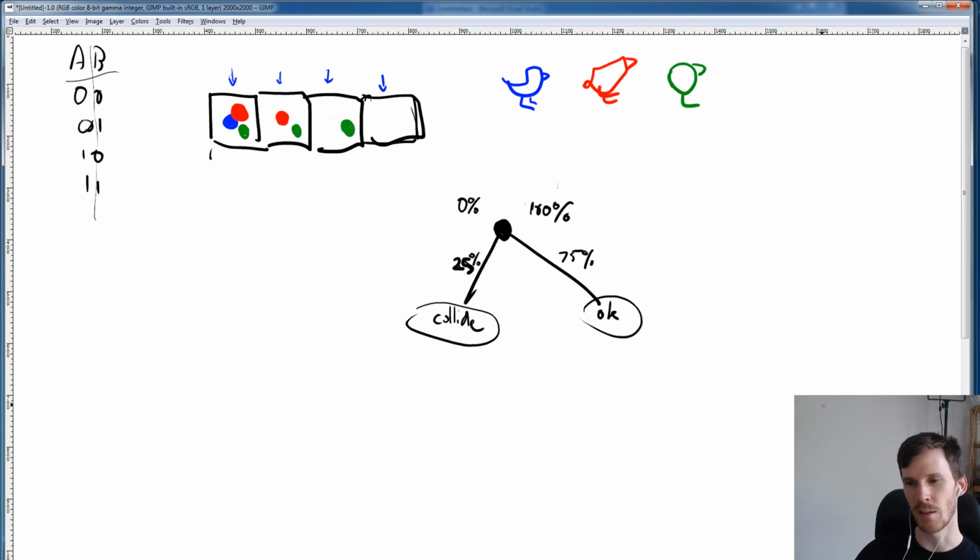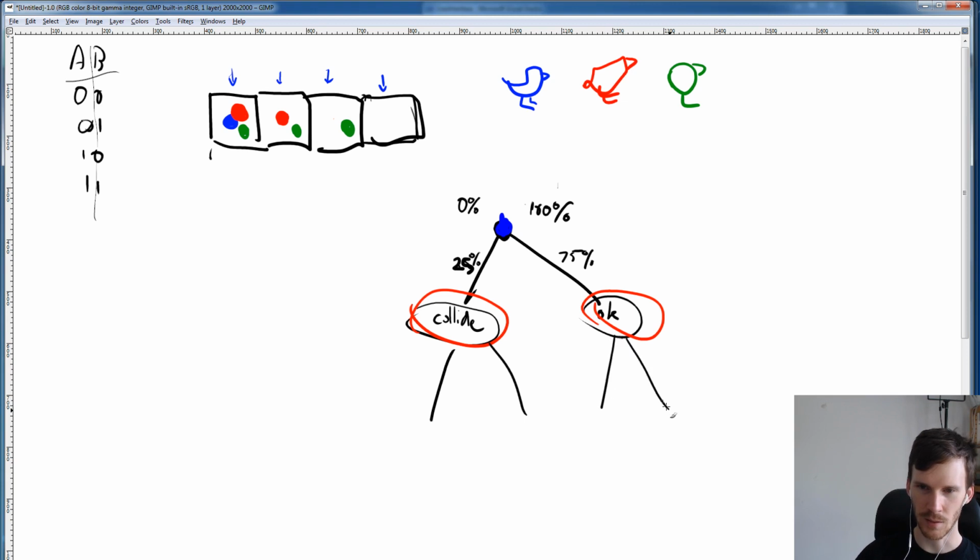What we've ended up with is a 50-50% chance that he's going to collide.